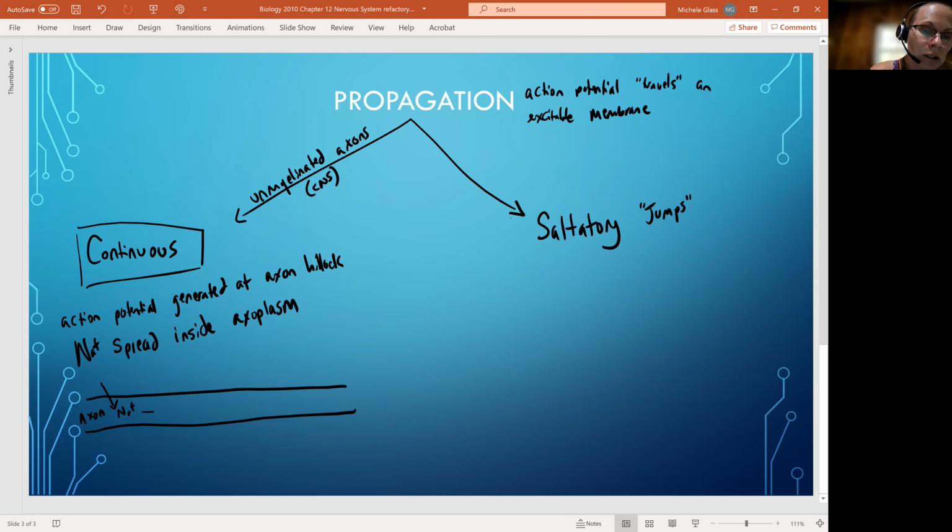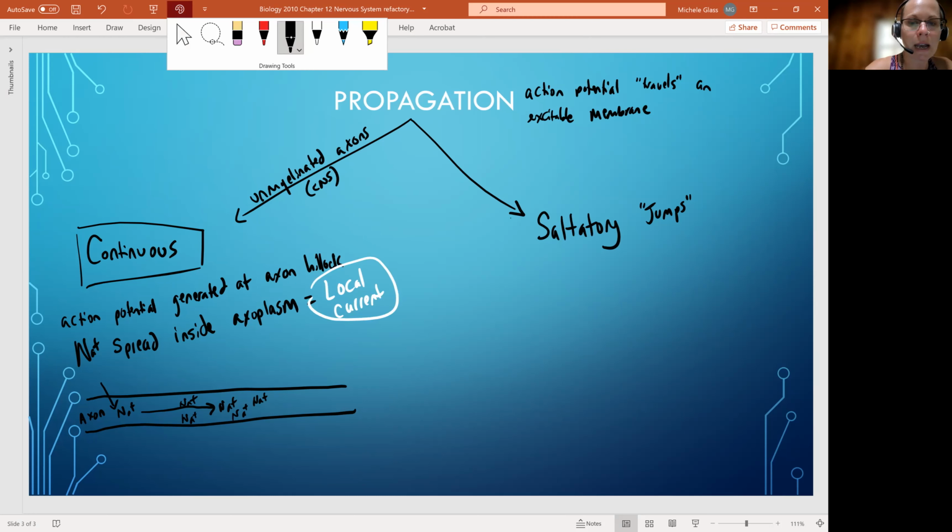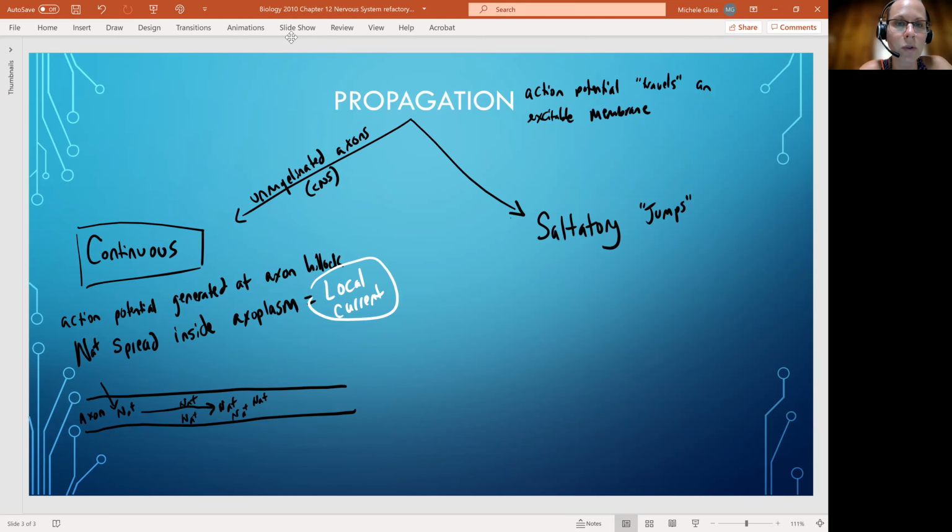And then it's just going to spread along the axon. So sodium doesn't come in and stay in place. It comes in and it spreads. And that spread is what we call local current. So the spread of the sodium inside of the axoplasm is described as local current.